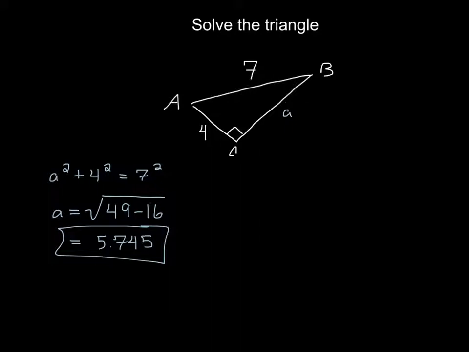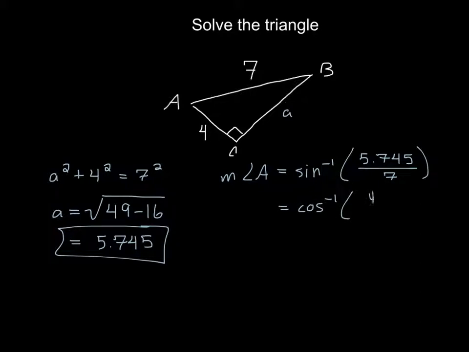Now that we know that, we can say the measure of angle A could be the inverse sine of 5.745 over 7, or it could be the inverse cosine of 4 over 7, or it could be the inverse tangent of 5.745 over 4.